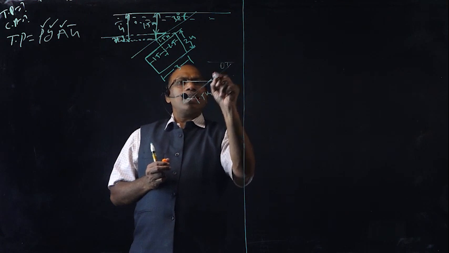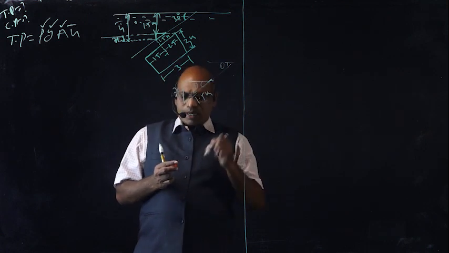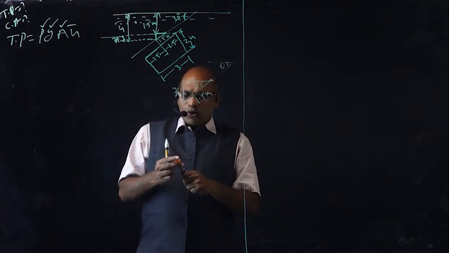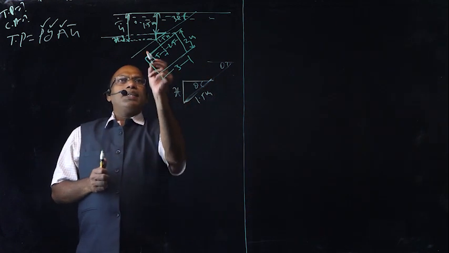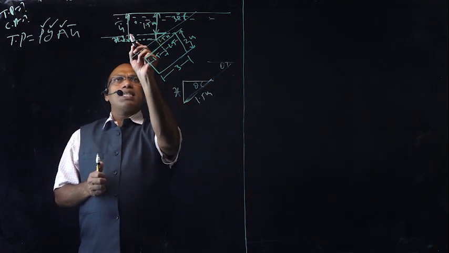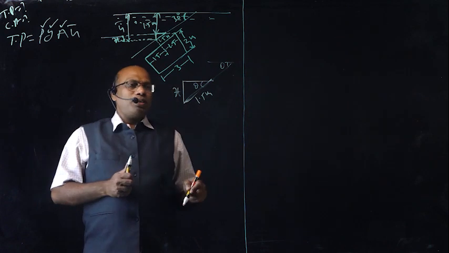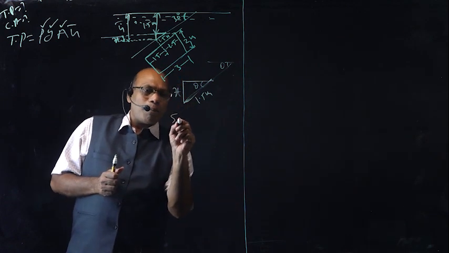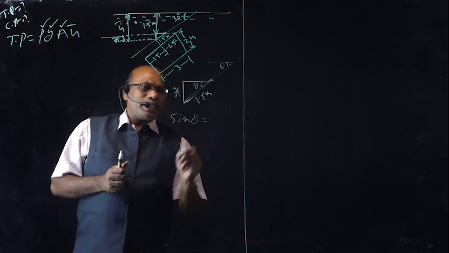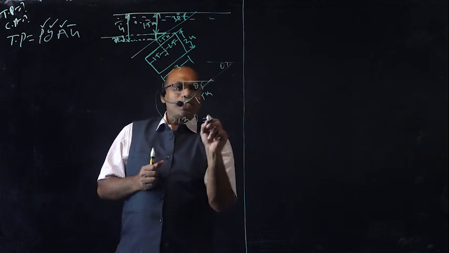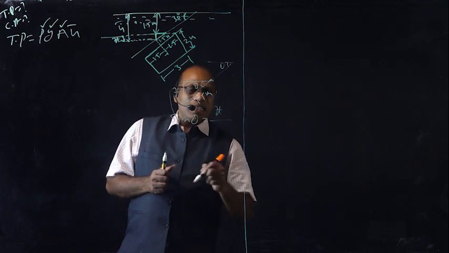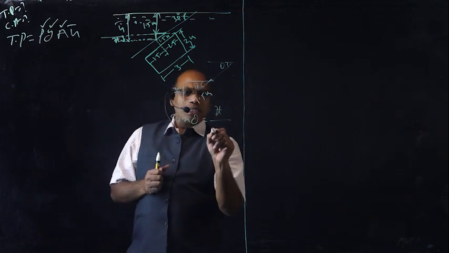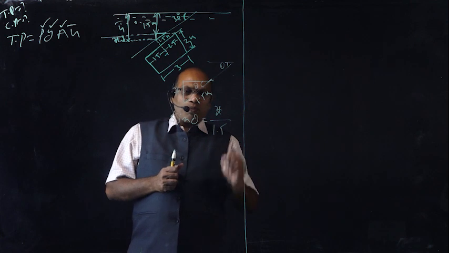Because this is theta, automatically this is also theta. Now we are going to determine the distance x, from this point to this point. Now take sine theta. Sine theta equal to opposite side x divided by hypotenuse 1.5.